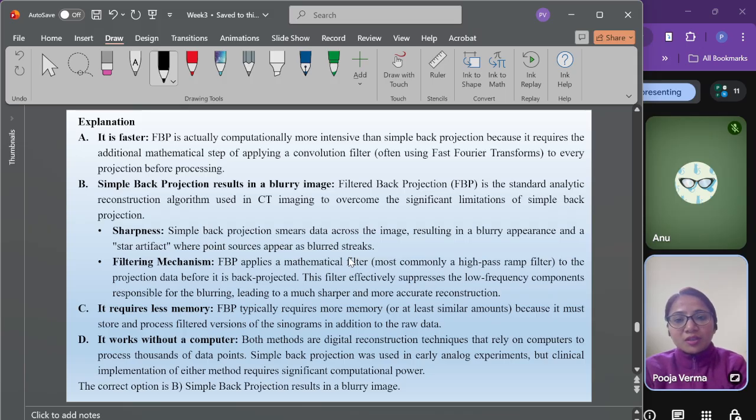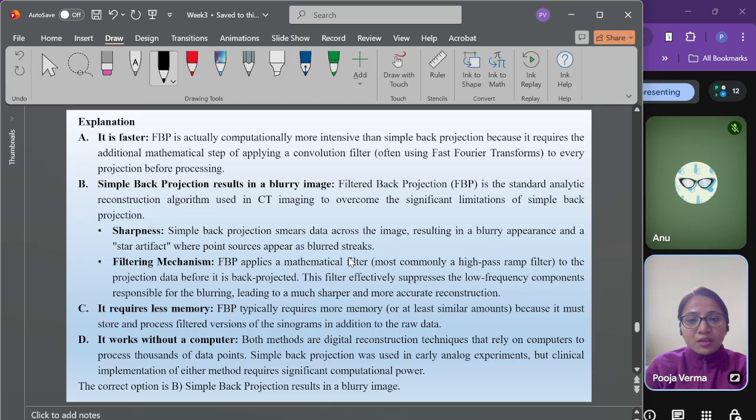Now, simple back projection results in a blurry image. Filtered back projection is the standard analytic reconstruction algorithm used in CT imaging to overcome the significant limitation of simple back projection. Simple back projection smears data across the image and results in a blurry appearance and artifacts, where point sources appear as blurred streaks.